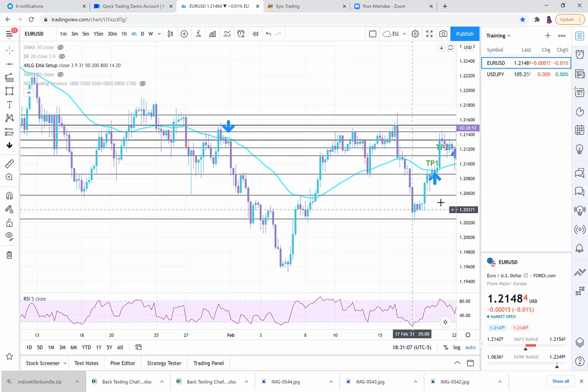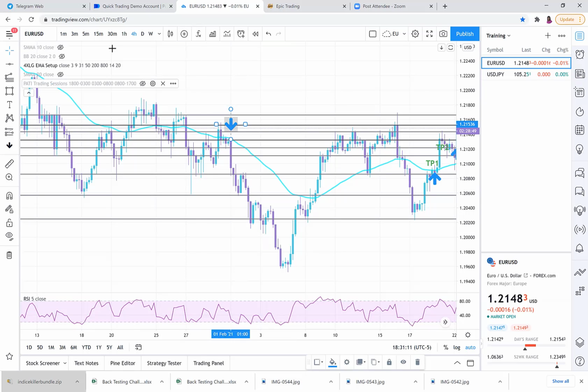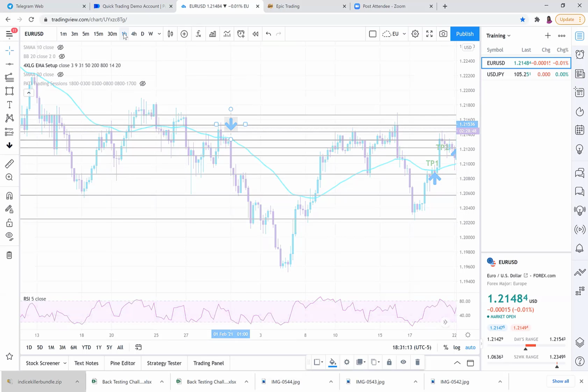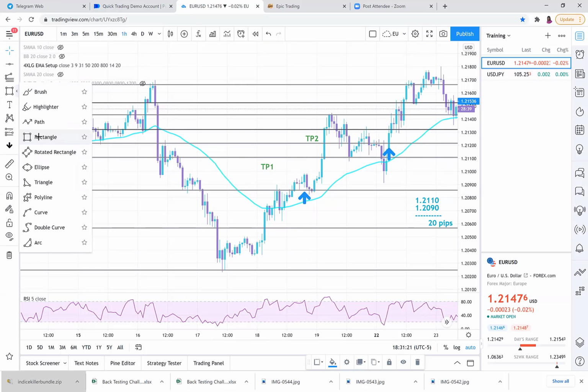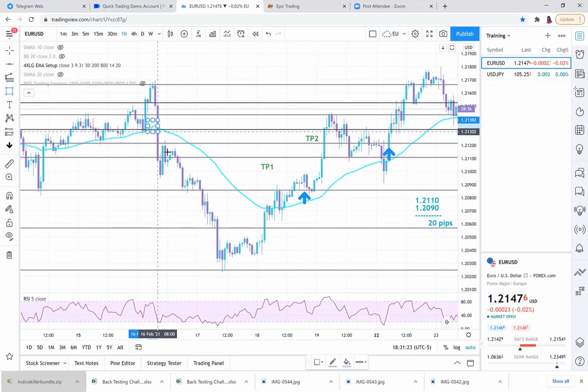So here's a really good reason to do that. Let's look for this area. Let's say we're on the 1 hour, and I'm going to highlight this area here, because we want to look for a good entry on our sell.